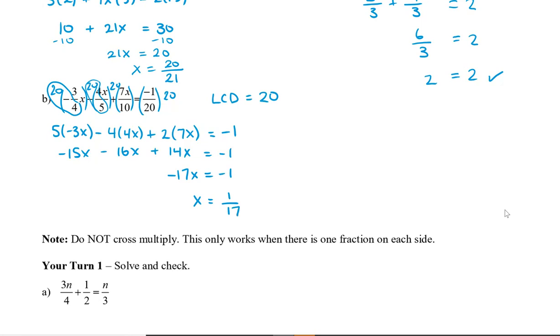Now this one's quite a long one to check, but I'll show you how to do this anyways. So I'm just rewriting all of this out, but I'm going to plug in 1 over 17 into my x's.